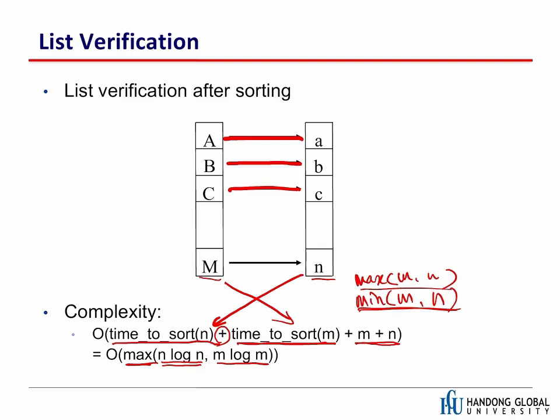Compared to the previous slide, where we had m times n in big O notation, now after sorting, if we do this list verification and let's say n is bigger, then it is n log n. So compared to this one, we have n here and here, but instead of m, we have log n, which is much faster than m. That's the beauty of sorting.